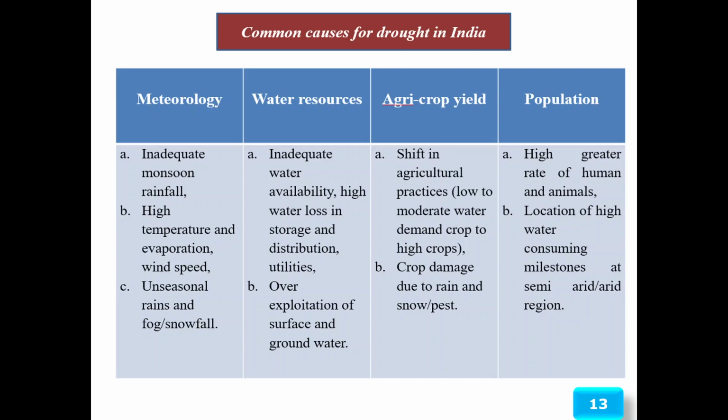Agriculture: the shift in agricultural practice from low to moderate water demand crops to high water demand crops. The crop damages due to rain and snow. High growth rate of human and animal population, high water consumption, mostly in semi-arid and arid regions.